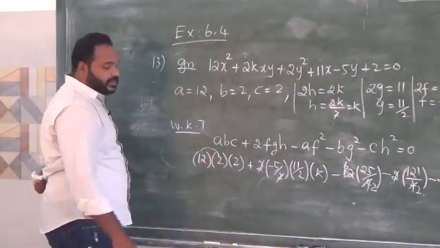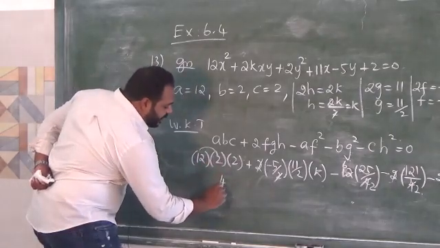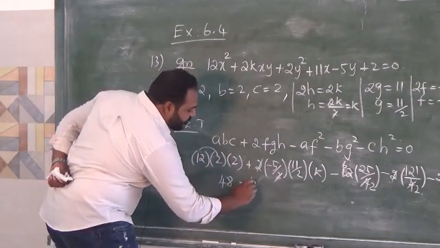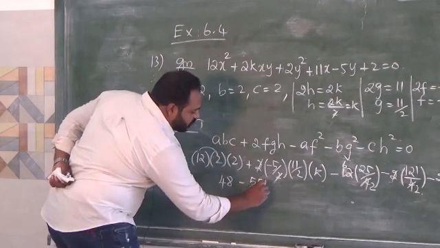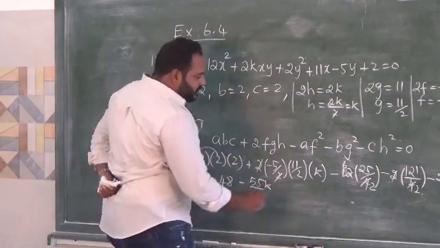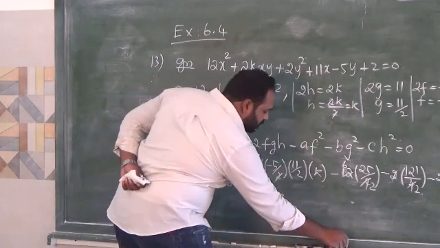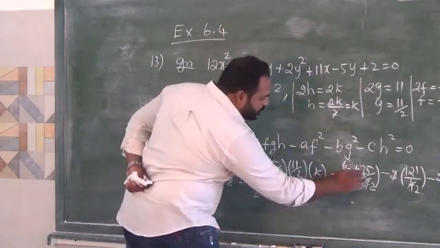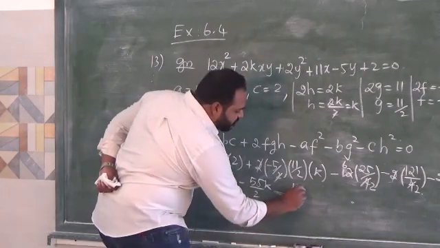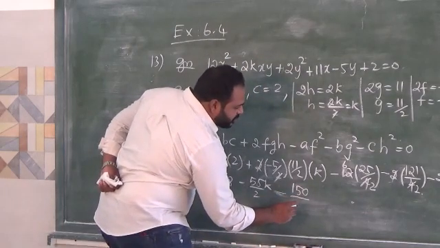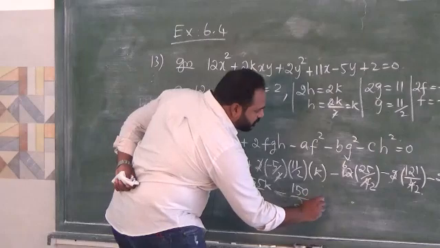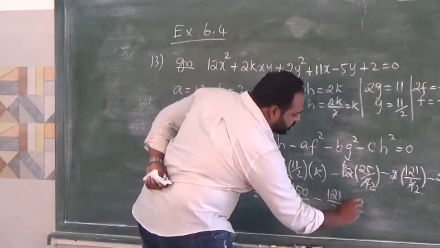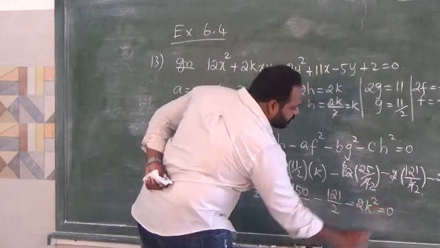12 into 2 is 24, into 2 is 48, plus minus 5 into 11, 55 by 2 k, minus 6 into 25, 150 divided by 2, minus 121 divided by 2, minus 2k square equal to 0.